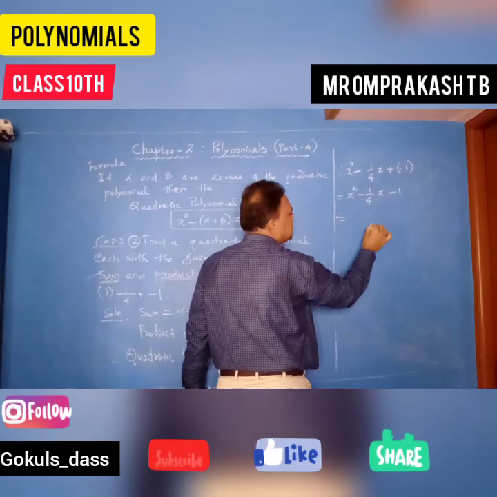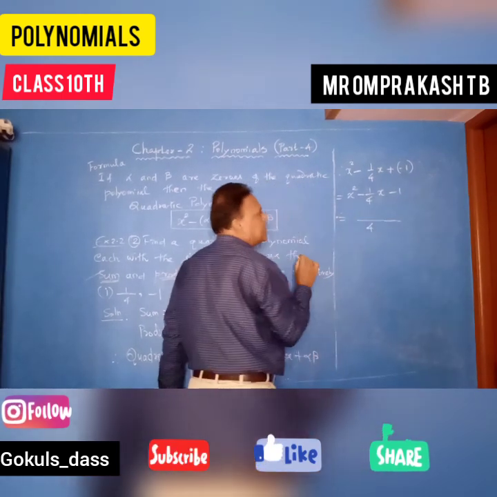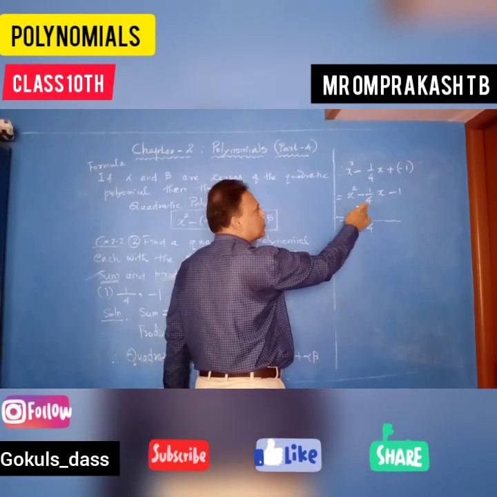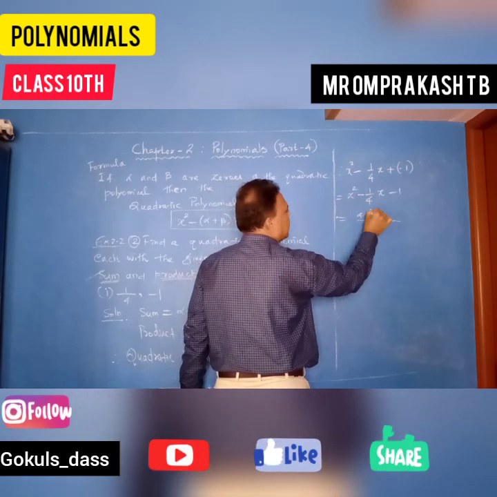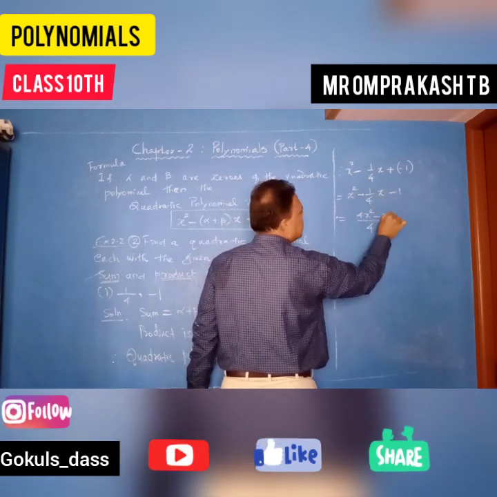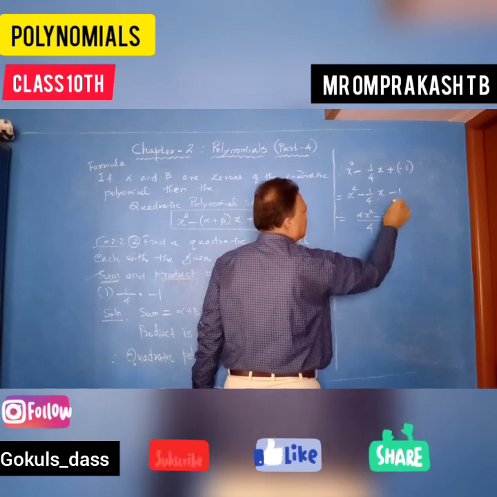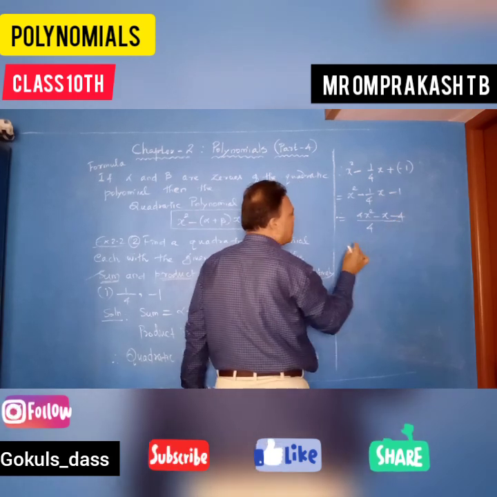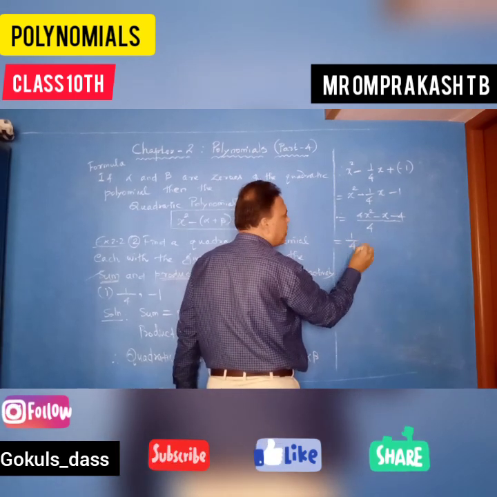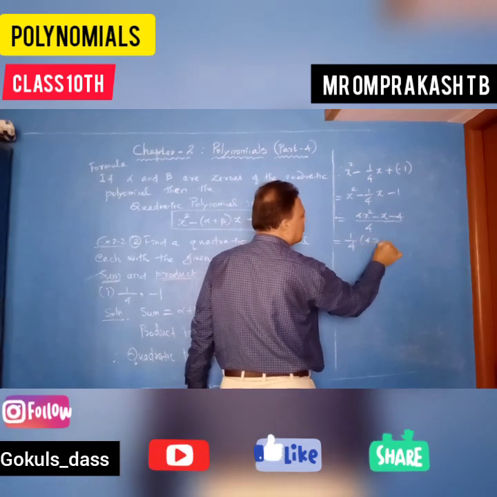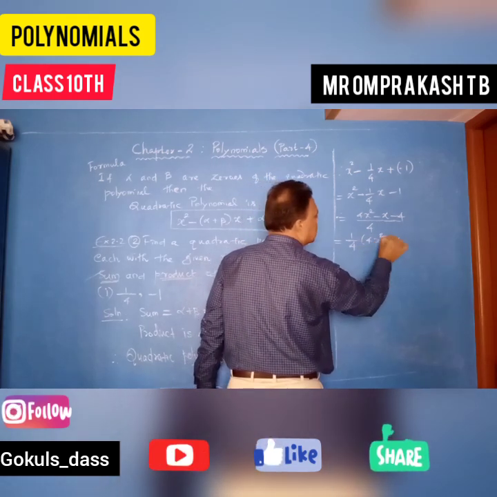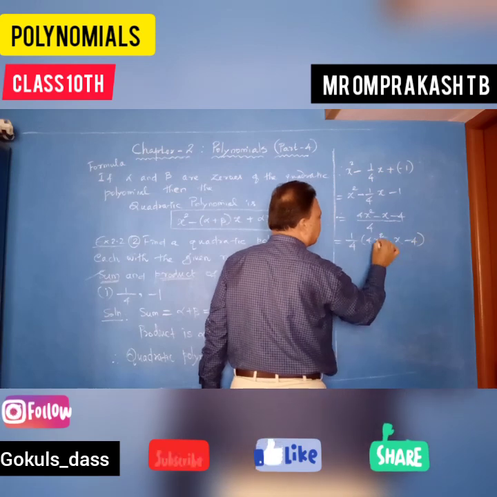Take 4 as LCM. Here you take 4 as LCM, which means in the first term there is no denominator, so just multiply: 4x squared minus x. Here also no denominator, just multiply: 4, minus 4. Now this can be written as 1 by 4 into 4x squared minus x minus 4.